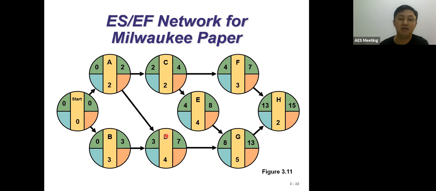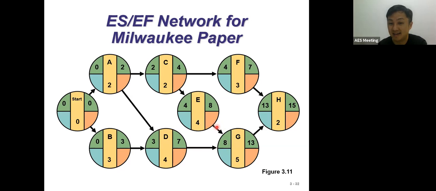In this calculation, it is also the same with activity G. Let me show one more time. Activity G, how many predecessors? We have E and also D. How do I know it is E and D?